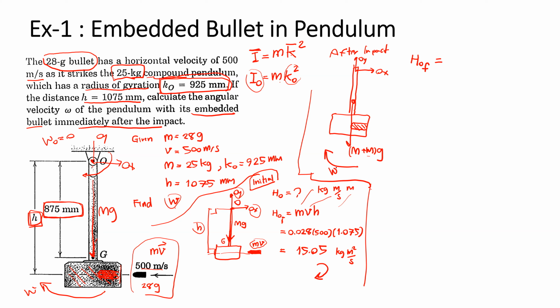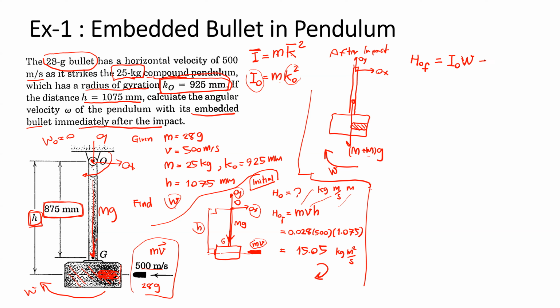The omega is still unknown. But if we consider only the pendulum, it has the moment of inertia. It should have the omega after the impact, but we still don't know that omega.